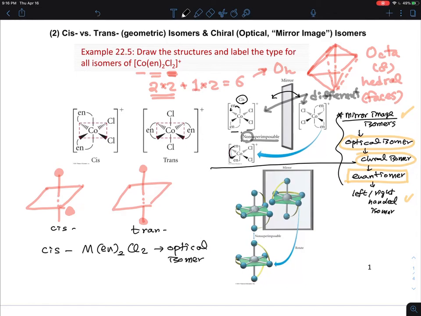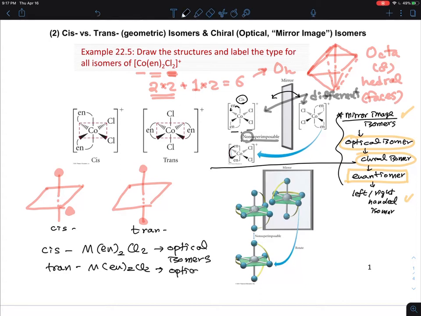They can have optical isomers, okay? But if you have a trans metal En2Cl2, as you can imagine, they are actually symmetric.